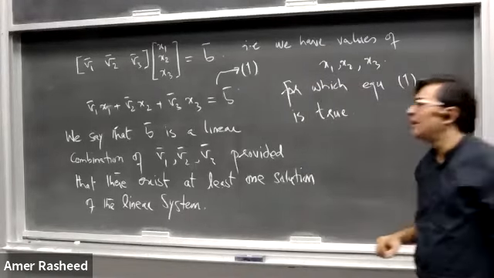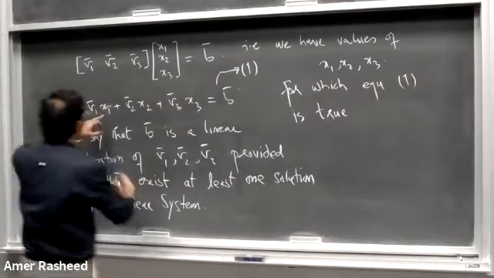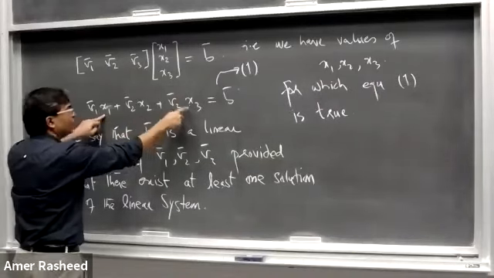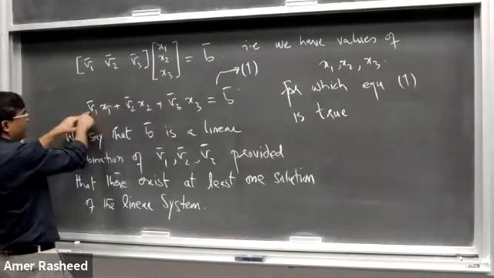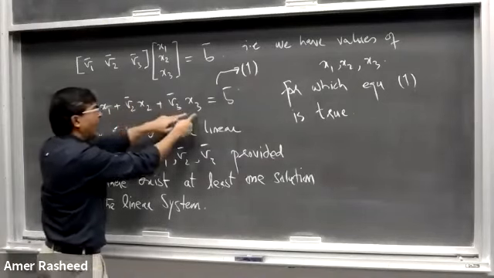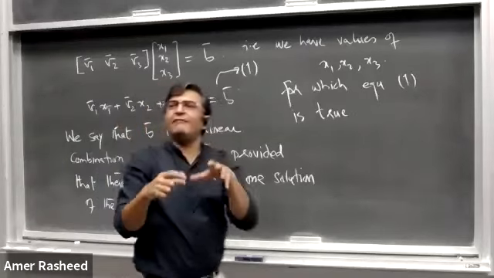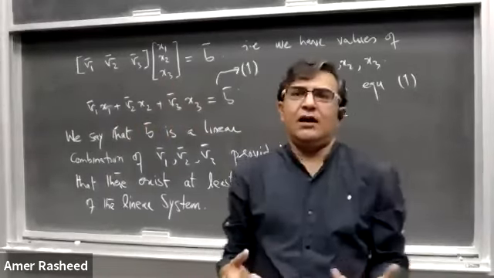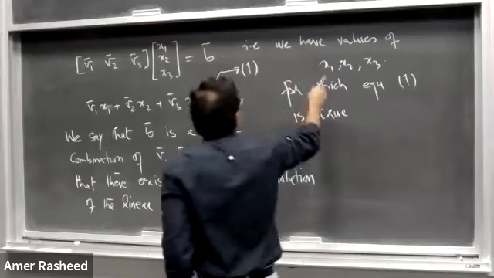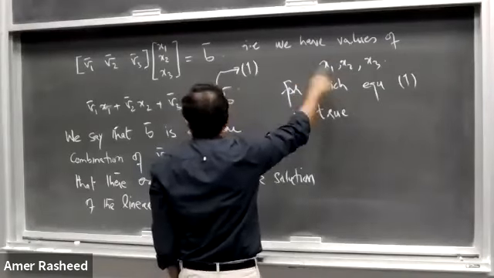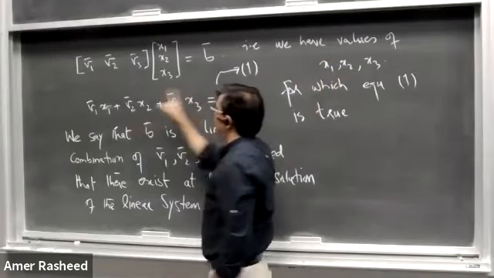Is true means there must exist some x1, x2, x3, so that when we multiply x1 with v1, x2 with v2, x3 with v3, and solve it, we should get the same vector as v. So I hope you understand. We have the values of x1, x2, x3 for which this equation is true.